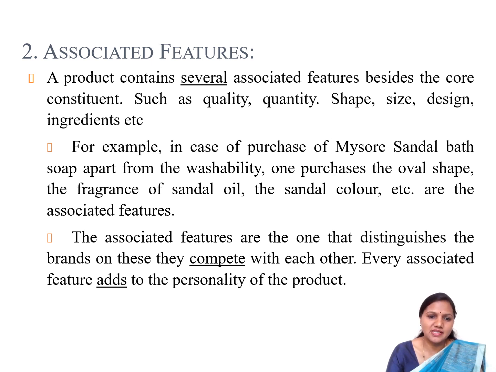For bathing purposes, right? In that, he expects washability. Along with that, he also wants an oval shape soap, the fragrance of sandalwood oil, the sandal color, etc. So these are all the associated features.